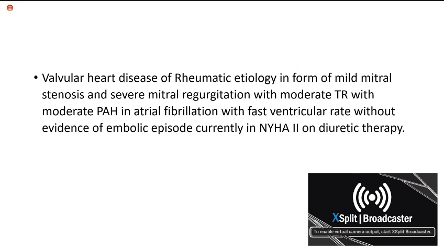No, you cannot write the moderate TR. The V wave is very variable, because what decides the V wave in a patient with tricuspid regurgitation? And the JVP is normal, sir. It is the degree of tricuspid regurgitation and the RA compliance.